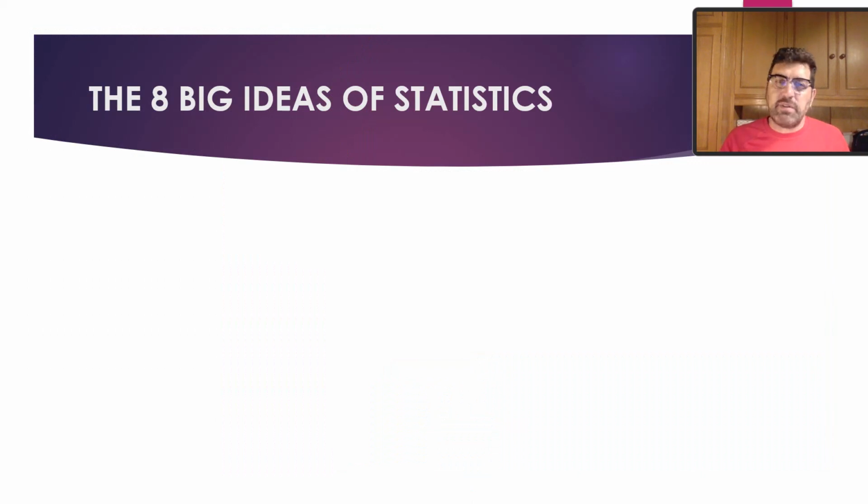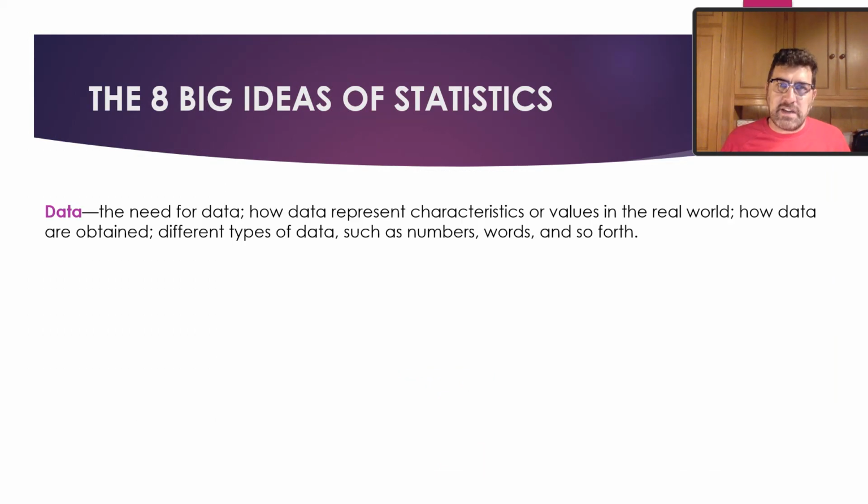The first very big idea is data. The need for data. Statistics lives in data. Data lives around statistics. How data represent characteristics or values in the real world, and how that data is obtained.